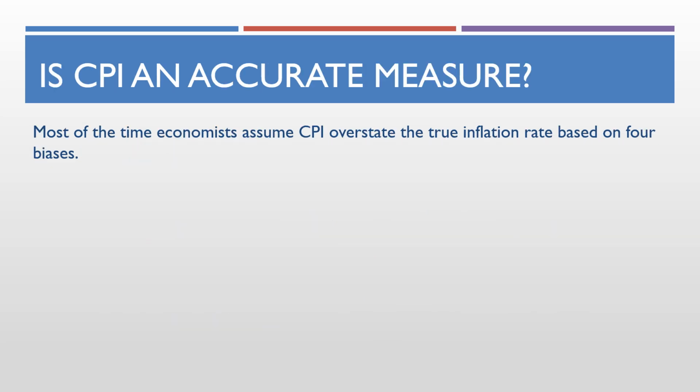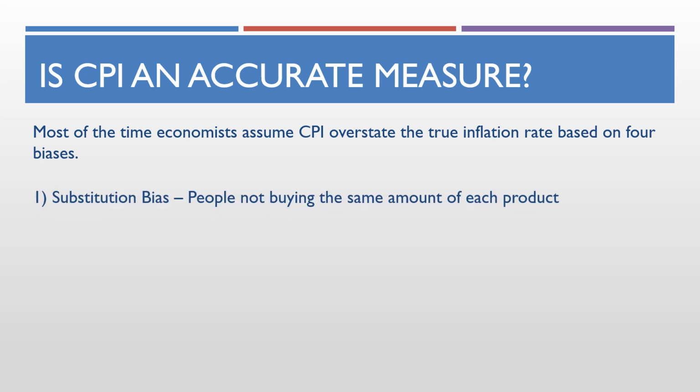So most of the time, when we talk about CPI measures, most economists assume the CPI overstates the actual inflation rate, based on four different biases. The first one is what we call the substitution bias. We assume people are buying the same amounts of each product in the market basket from the very beginning.